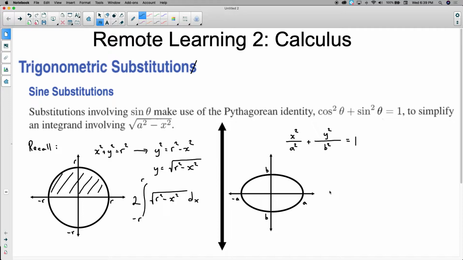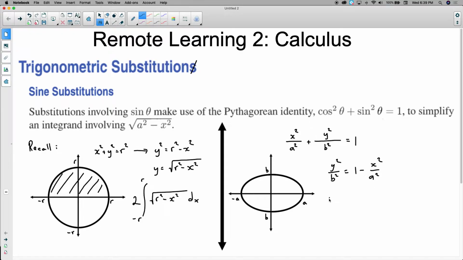And again, if you want to try to find the area of such a thing, you would need to spend some time finding the formula for this top half. And you would do that by solving for y. So I'll do that. You have y squared divided by b squared, and you have 1 minus x squared over a squared.